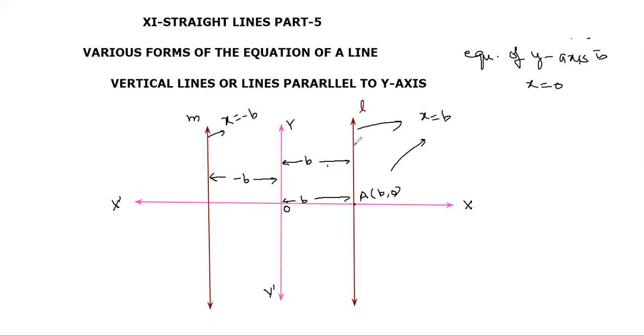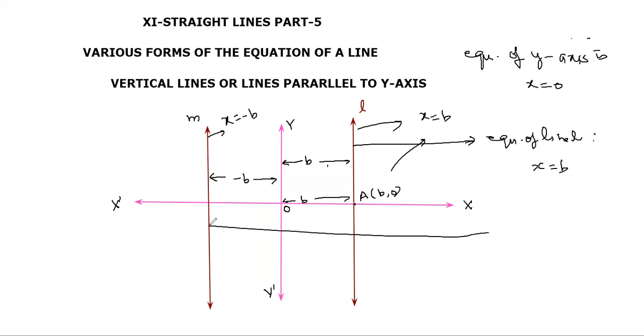So the equation of line L will be x is equal to b. Similarly, the equation of line M will be x is equal to minus b.